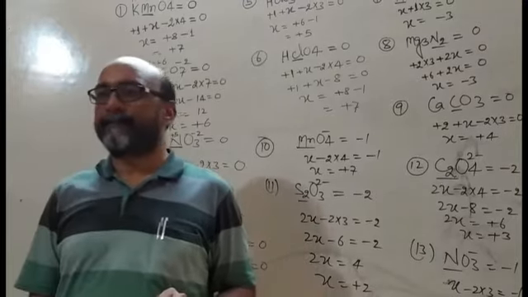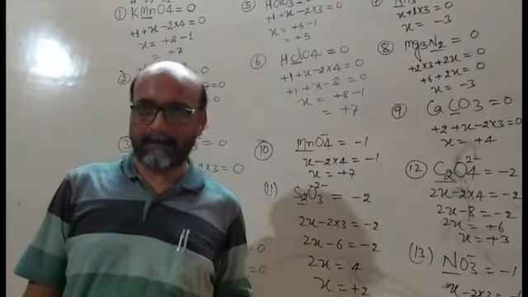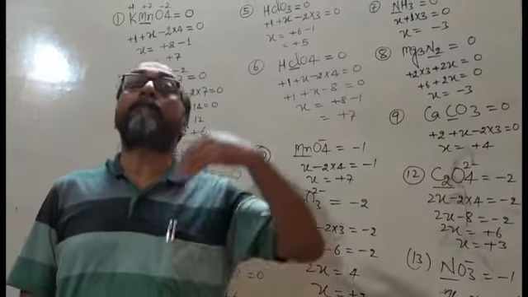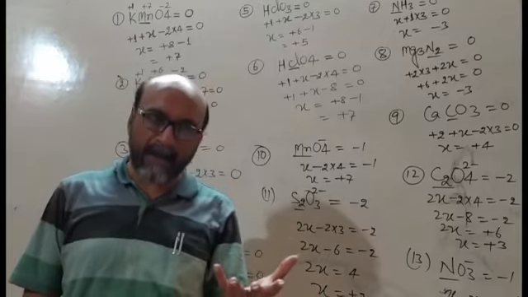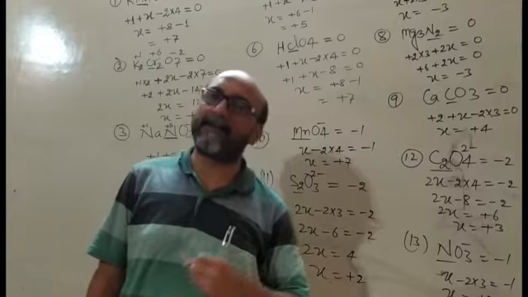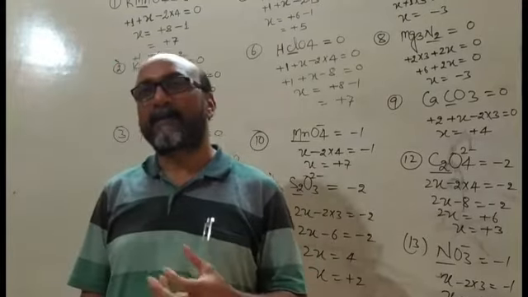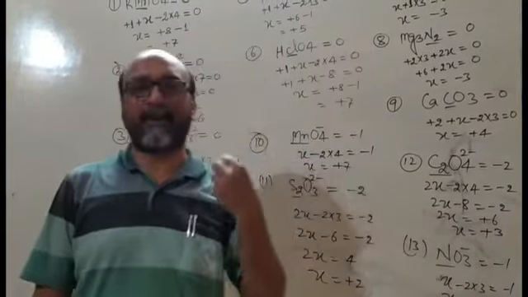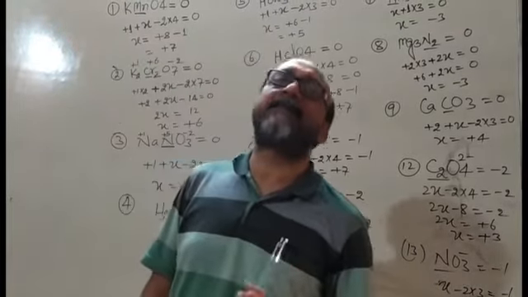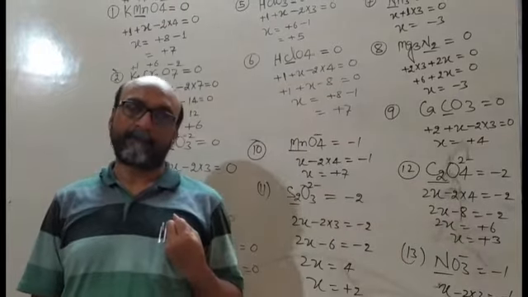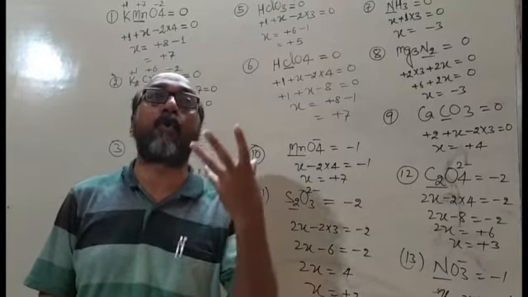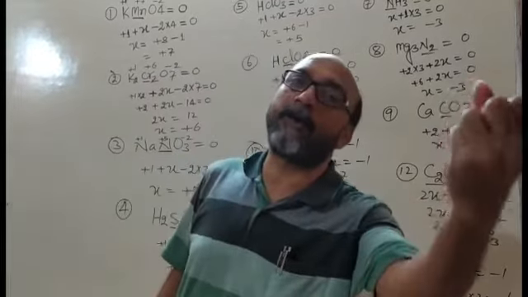And it is very important, but the more important point which we have to know on the basis of these calculations is the concept of oxidation and reduction, the concept of oxidizing agent and reducing agent, the identification of the substance undergoing oxidation or reduction.